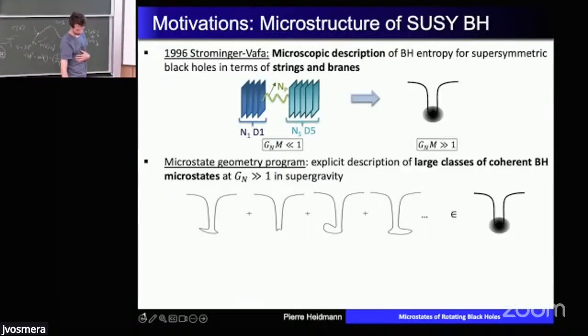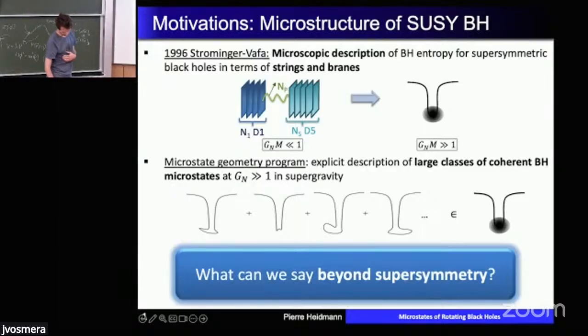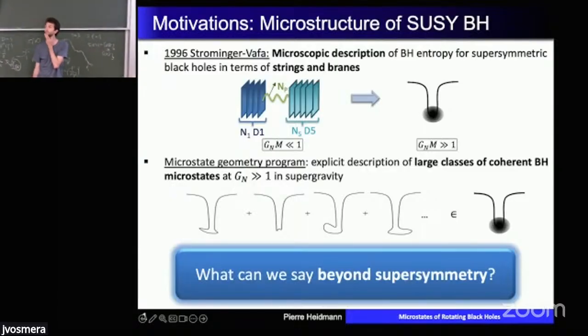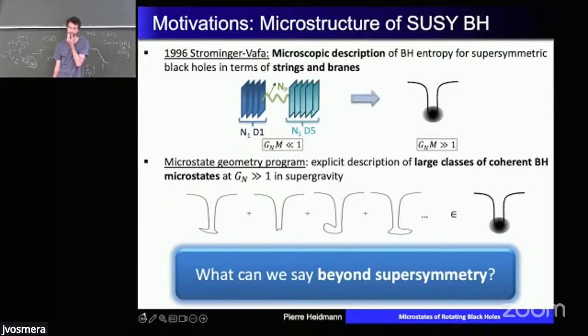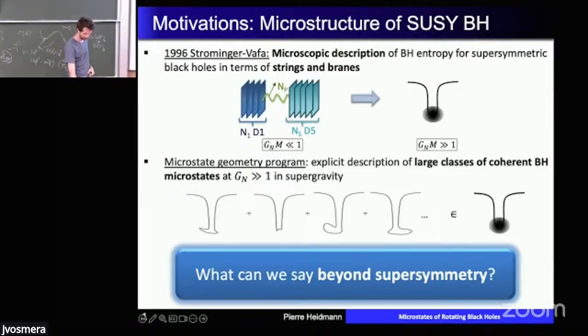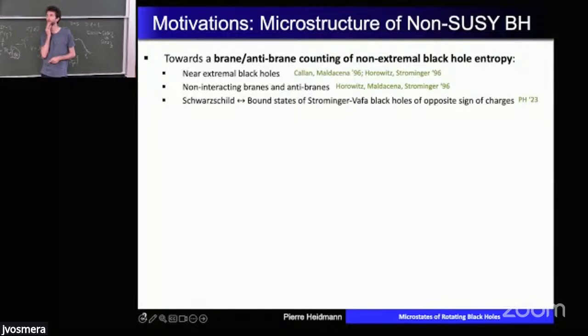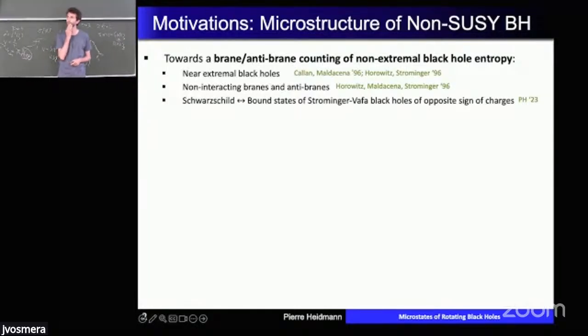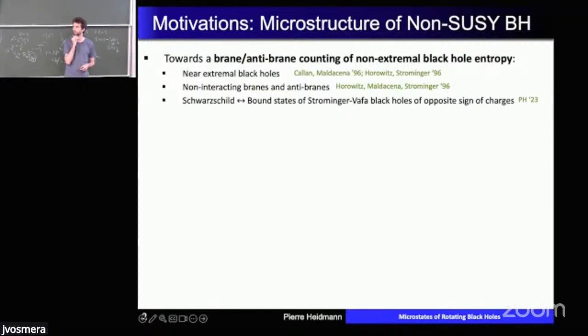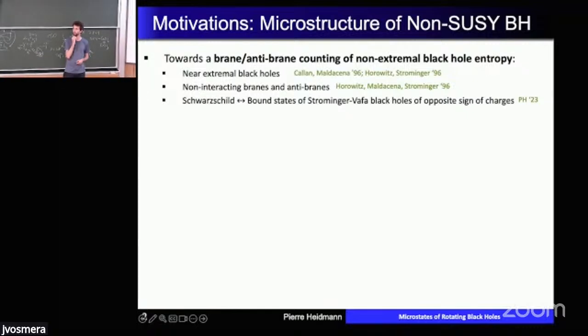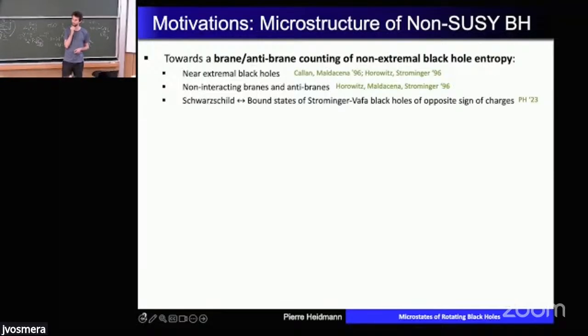So all those very nice programs have been led for supersymmetric black holes. One of the questions we can try to address today is what can we say beyond supersymmetry? Part of my research has been done in trying to understand the microscopic counting of non-extremal black hole entropy. It's an old subject. We started right after Strominger and Vafa, counting for near-extremal black holes, also assuming a non-interacting brane and anti-brane system.